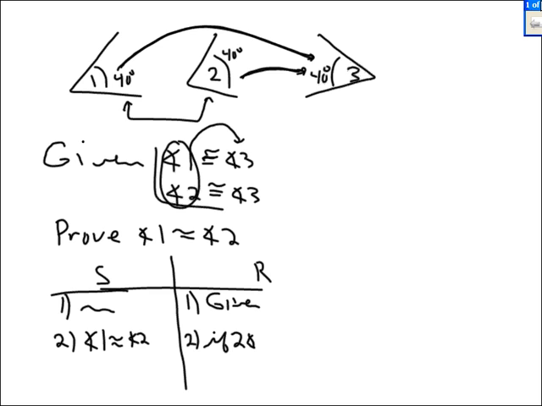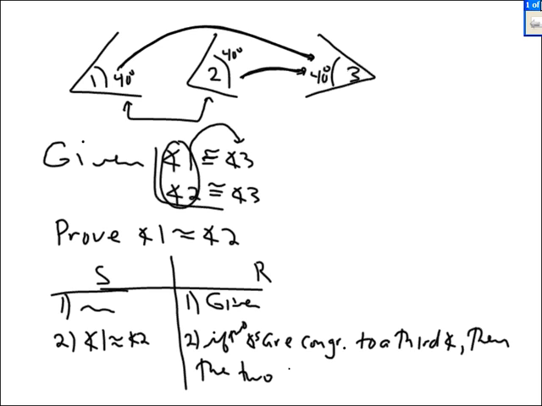If two angles are congruent to a third angle, let me actually write the number 2 and 3, then the two angles themselves are congruent.